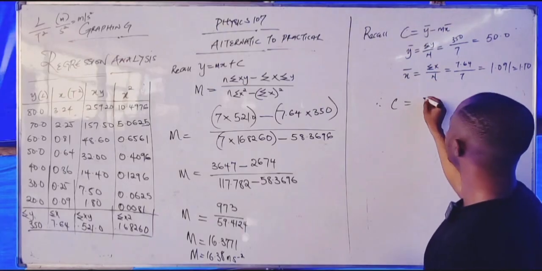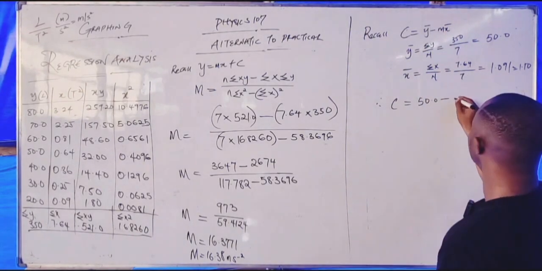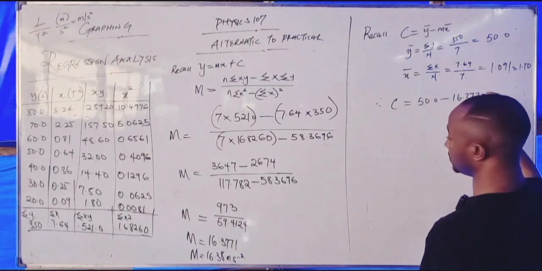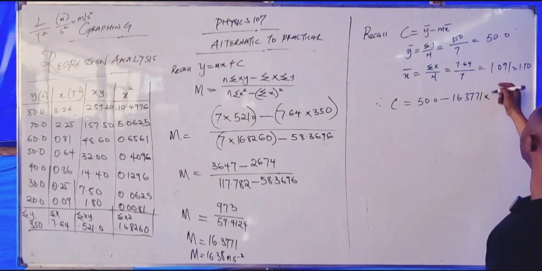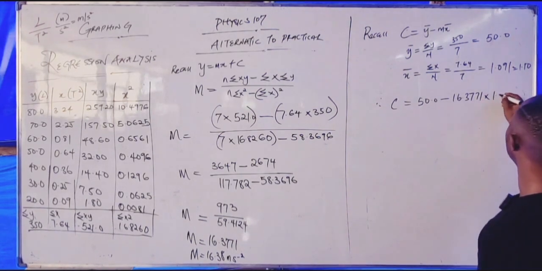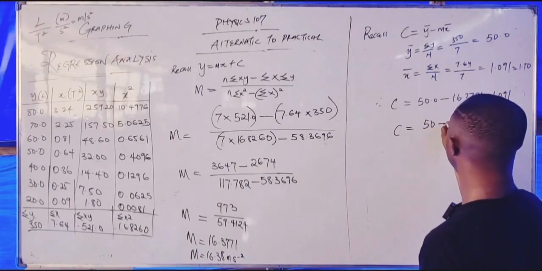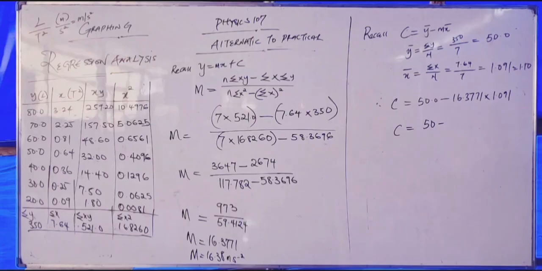Okay. Therefore, our C becomes what? Our Y bar is 50.0 minus our slope, 16.3771, times 1.091. So C becomes 50 minus what you get when you multiply 16.3771 by 1.091.